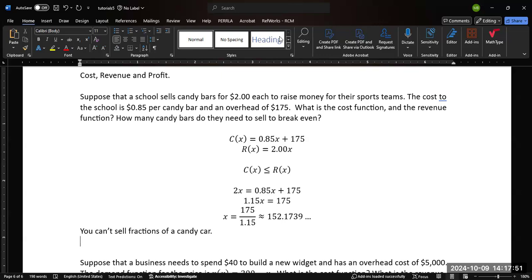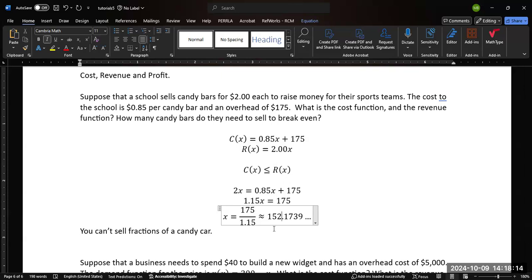You do not sell a part of a candy bar. Now, when we get to rounding, we might normally think, oh, we should round to the nearest whole value. But the problem here is that if I round down, then my cost is not going to equal or exceed my revenue. So let's just double check.